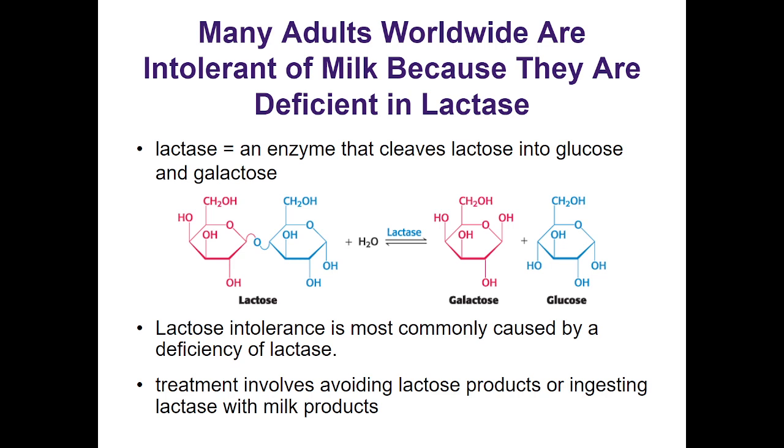By the way, is any adult human completely 100% not lactose intolerant? Not typically, no. It would be incredibly unusual. That's why you can't chug a gallon of milk. Okay? You have some degree of intolerance because eventually your enzymes get overwhelmed. The treatment is going to involve avoiding lactose products or ingesting lactase with milk products.